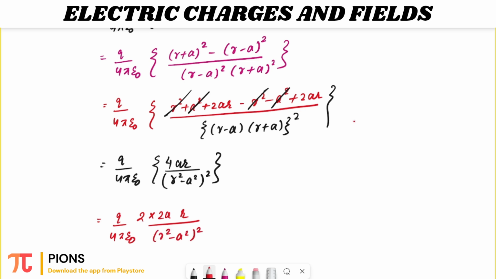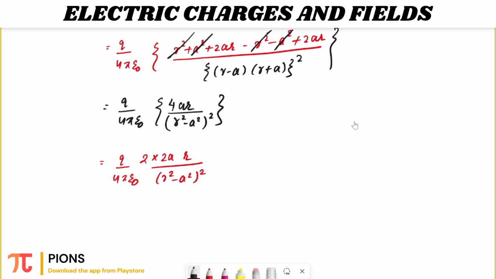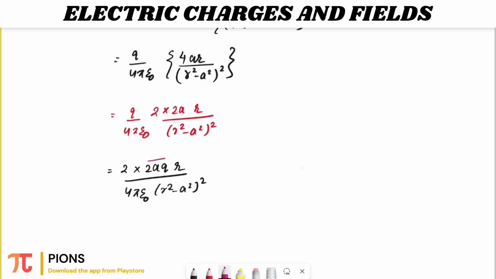Any doubt? Why are we splitting it? That's a good question. So it will be 2AQ into R whole divided by 4 pi epsilon naught into R square minus A square whole square. And what's our 2AQ? That's our dipole moment.